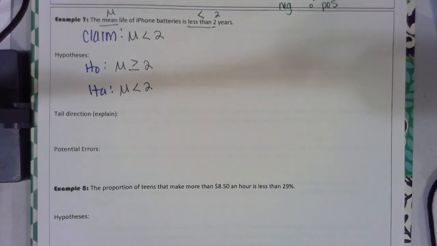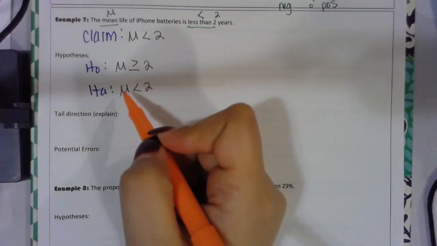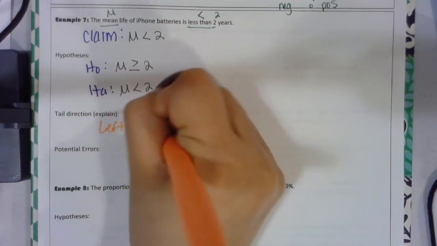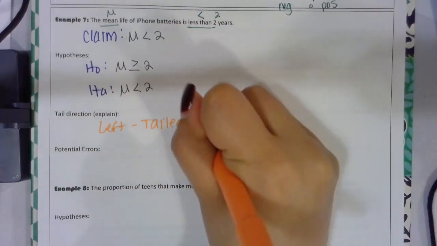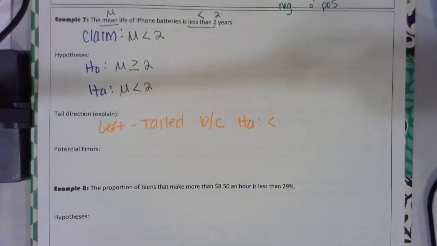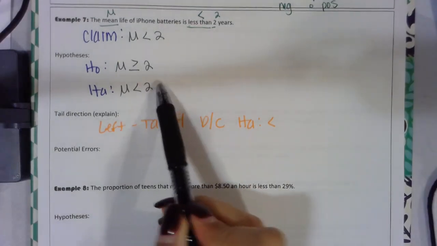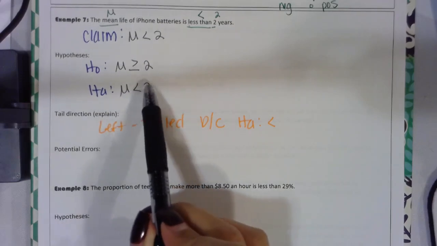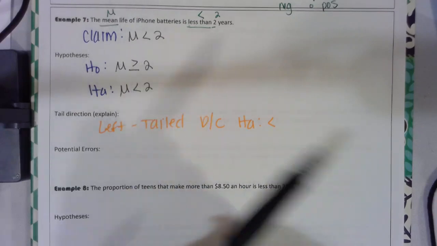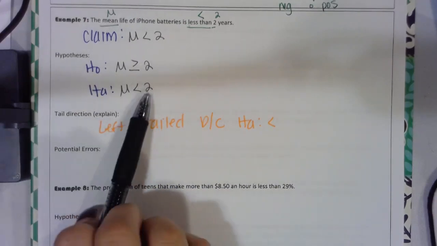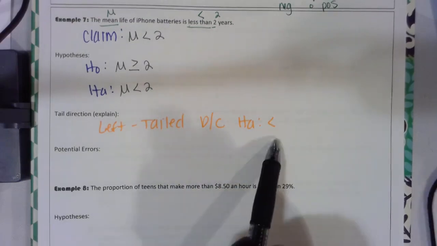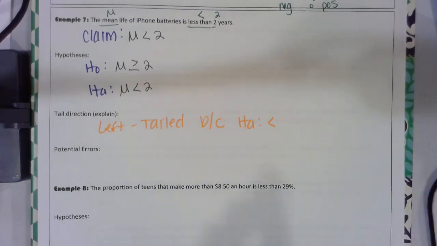Or notice that the arrow is pointing to the left. If you didn't notice this, in your HA, your arrow is pointing to the left, so you're left-tailed. Had your arrow been pointing to the right, you'd be right-tailed, but it's not. The direction this arrow is pointing tells you what kind of test. Why? Because we had a less than sign in there.